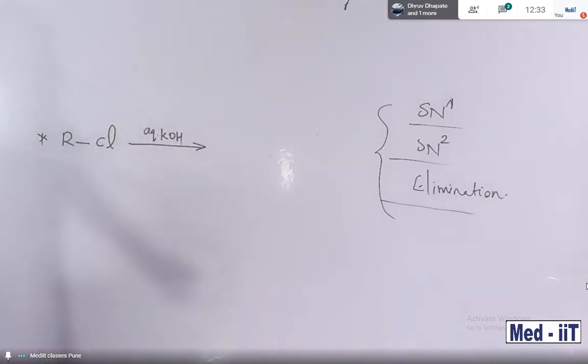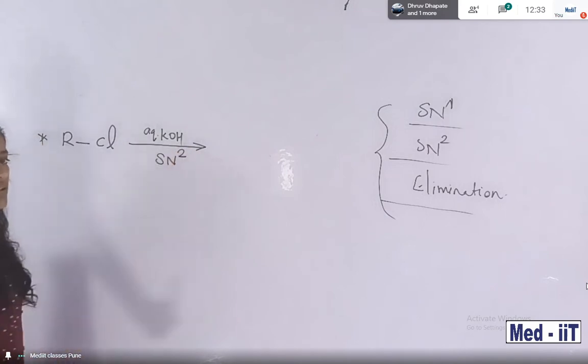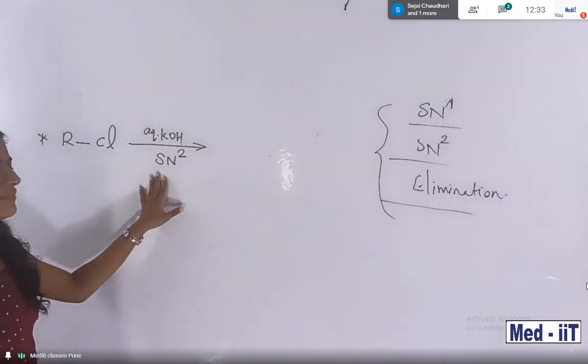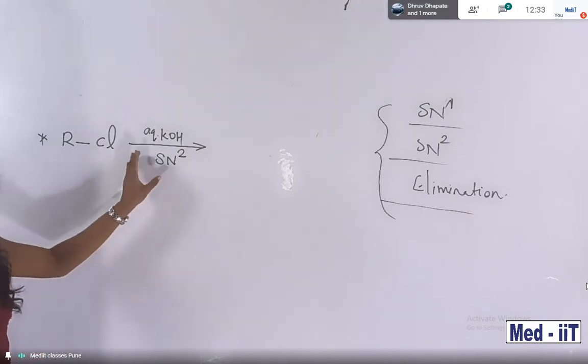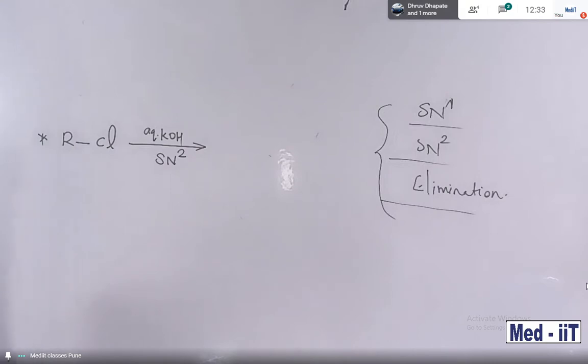And then it undergoes an SN2 reaction. In your question, maybe they will specify that it is SN2; otherwise, you have to judge which reaction it is from the options. Anyway, I am specifying it now.